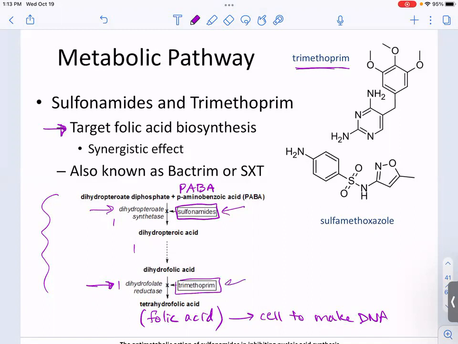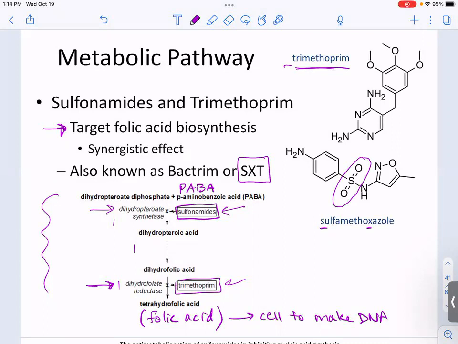Okay, so when we put those together, it's a drug known as SXT. So that's sulfamethoxazole, and then the T is for trimethoprim. Okay, so all the sulfa drugs have this sulfonamide functional group in there. That's why we call them sulfa drugs.